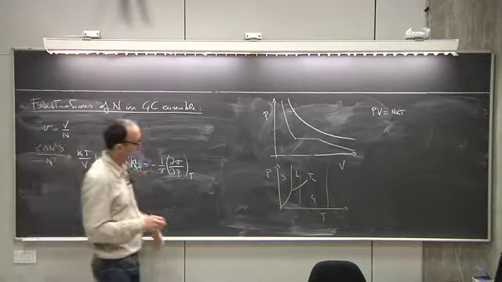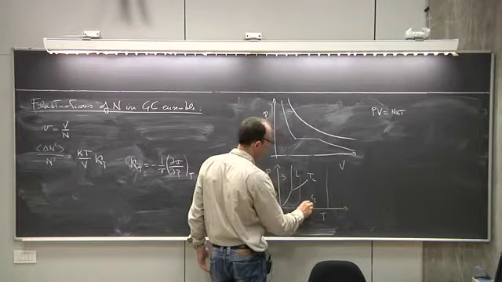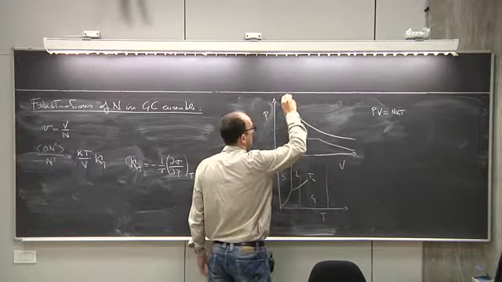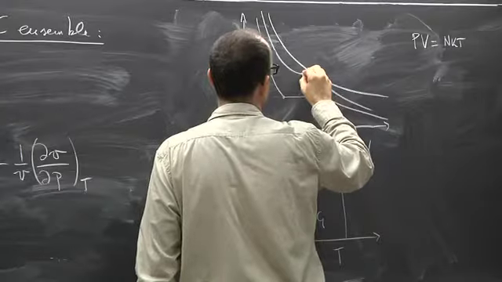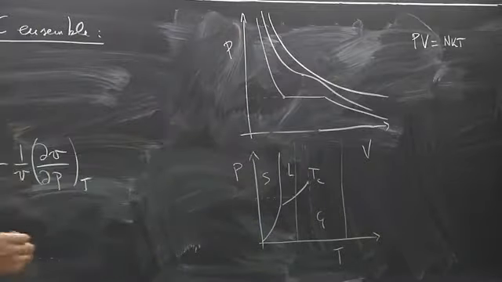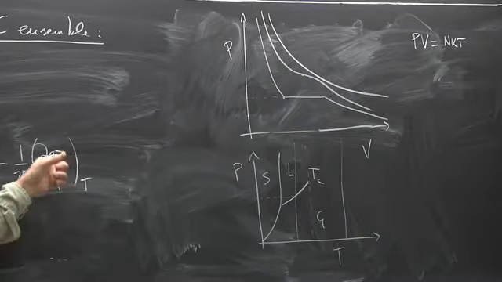And if you draw isotherms which are very close to the phase transition, you will get a slope which is very close to 0. It means that this coefficient will be very, very large.